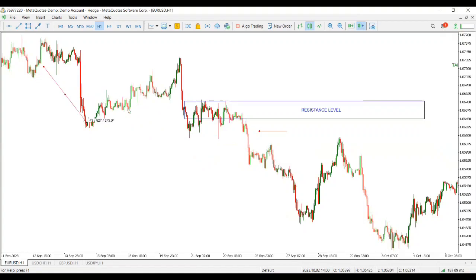The market is trending down. So it meets the first and the second criteria. First criteria for a bearish market, it must form close to a resistance level. Second criteria, it must be in the direction of the major trend. This is a downtrend, and this is a bearish big body candle.